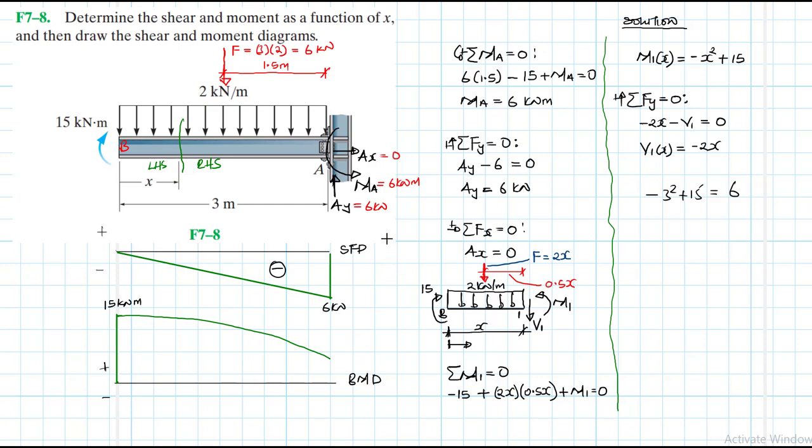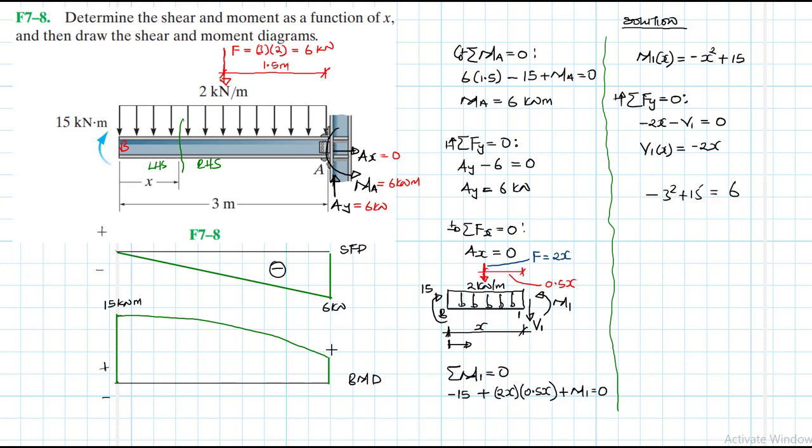Okay, 6. Alright, then here it is going to interact with an internal moment of negative 6 kilonewton meters. Okay, so then when they interact, we are going to have a closure like this, right?